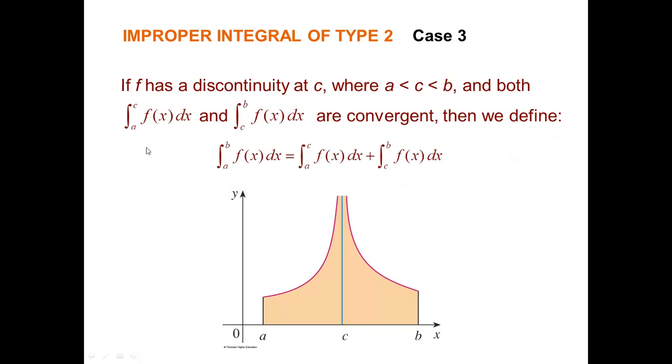And both the integral a to c of the function and c to b of the function are convergent, then we define, and it's a property of the definite integral, that the integral of the function from a to b is equivalent to the sum of two separate integrals.